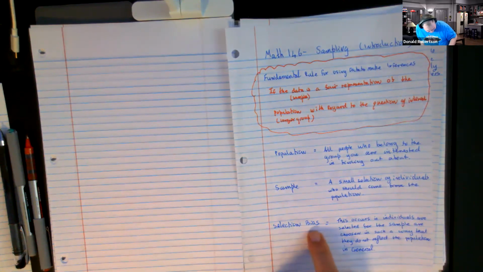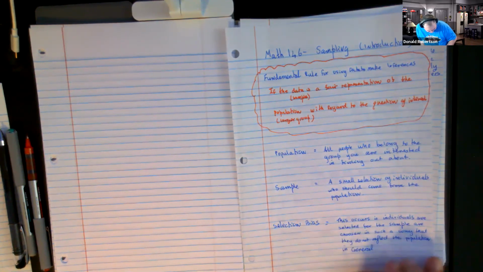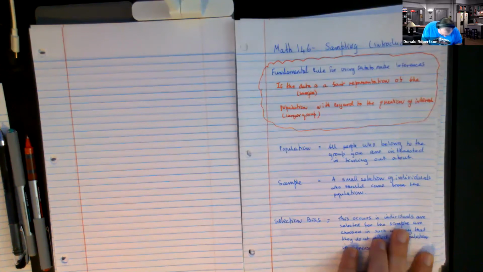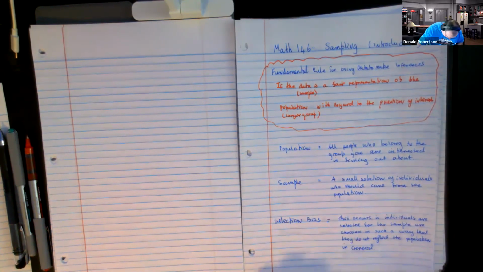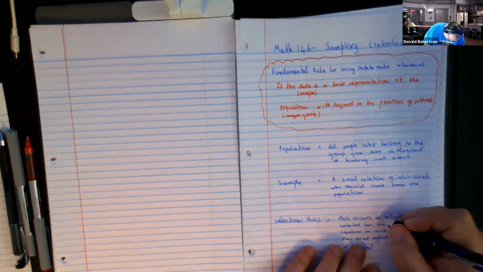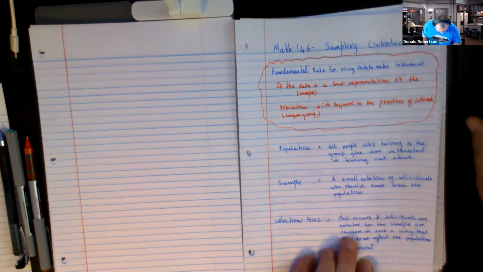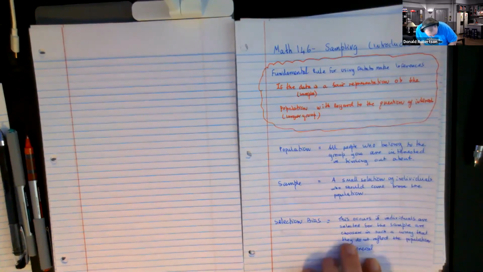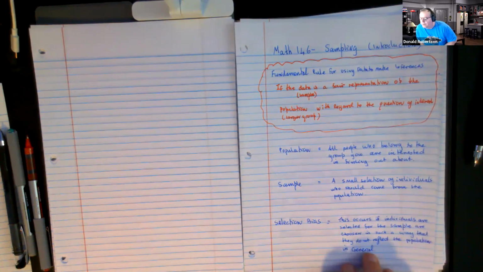Now we have a term called selection bias. This occurs if individuals selected for the sample are chosen in such a way that they do not reflect the population in general. Suppose I was interested in the average wealth of a person who lived in Washington state.